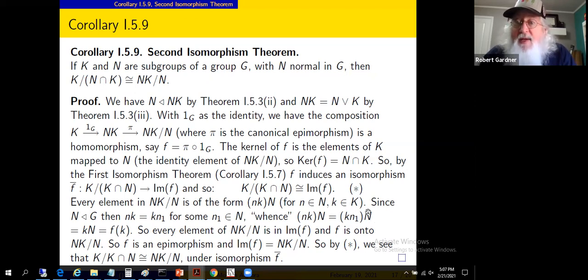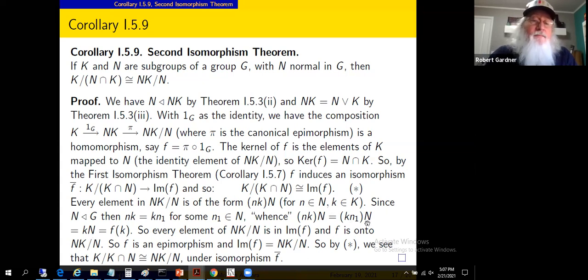Oh, but you know what's going to happen next. Lowercase n sub 1 is an element of capital N, so we can absorb that, as we've done in the past several times. We can absorb that n sub 1 into that subgroup capital N and simply write this as K times capital N. So the n sub 1 gets absorbed as before: K capital N. Why?